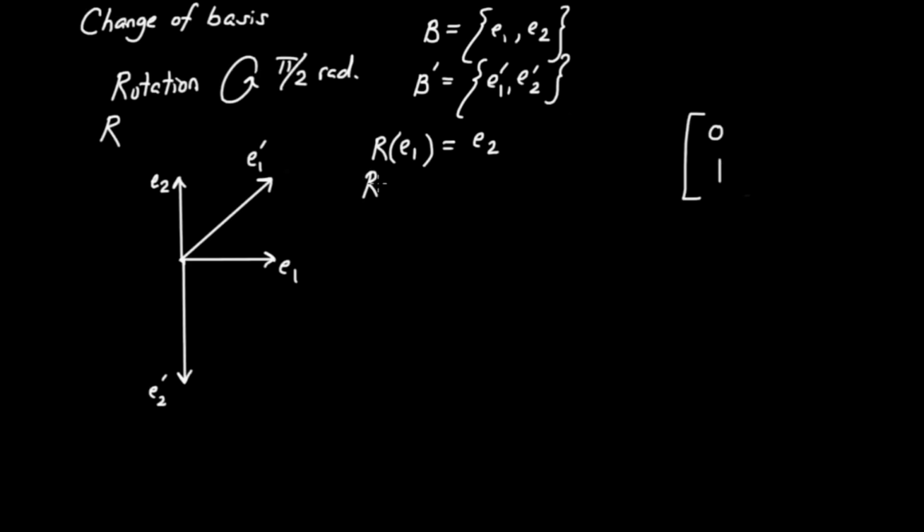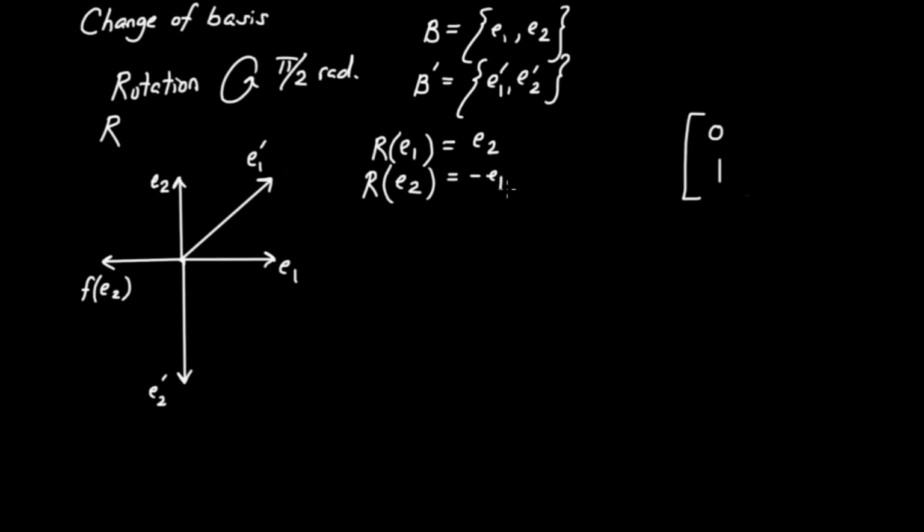Let's ask what happens with R of E2. So R of E2 is going to get rotated over there. Let me see if I can draw that in. And what is that in the basis B in terms of a linear combination? Well, that's simply -1 times E1 plus 0 times E2.